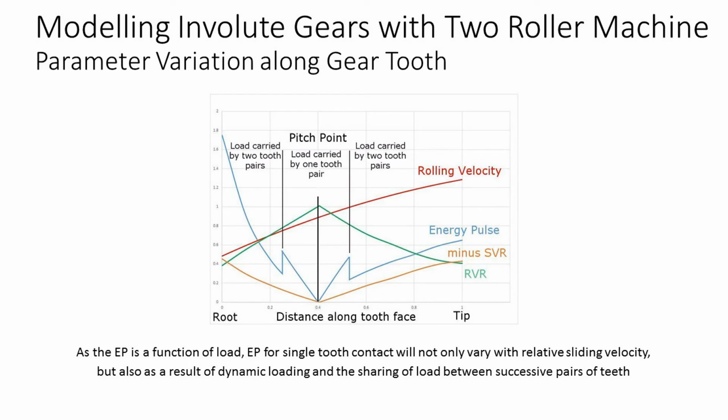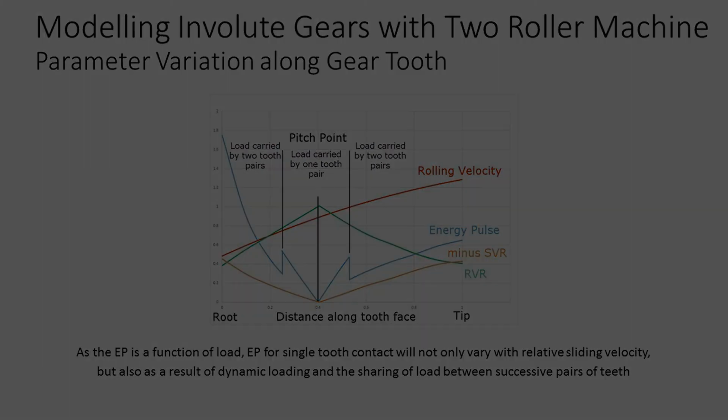As the EP is a function of load, it is clear that the EP for a single tooth contact will not only vary with relative sliding velocity, but also as a result of dynamic loading and the sharing of load between successive pairs of teeth.